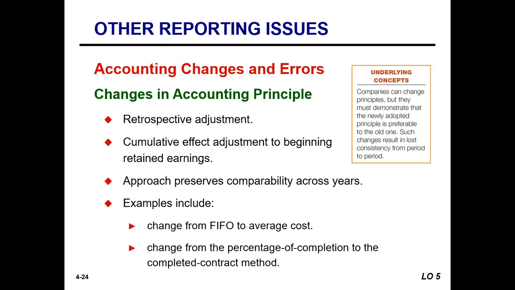Or if we choose to do depreciation using the straight line method and then decide to go to a different method, we can't necessarily compare apples to apples, right? So by going back and doing these retrospective adjustments, it gives us the ability to still compare apples to apples year over year, or have that comparability.